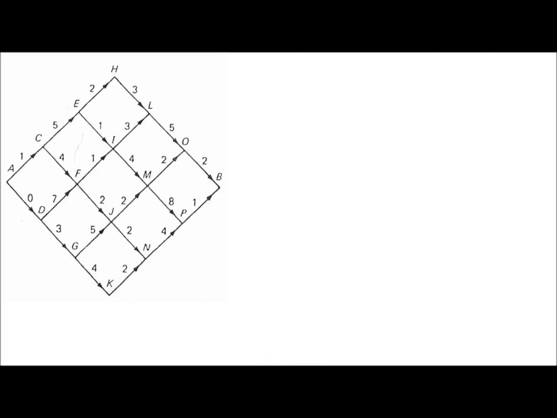Okay, well, now let's make it a little harder. If I'm at L, what should I do? I should go to O. And what's my optimal cost to finish if I'm at L? 7. Is that this 5 plus this 2? Plus the 0, yeah. It's really this 5 plus this 2.